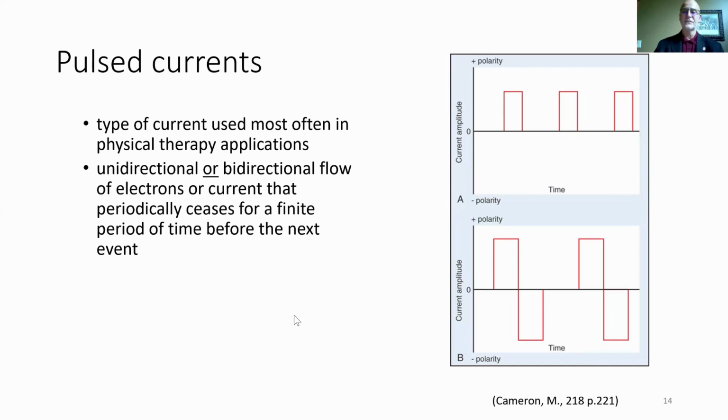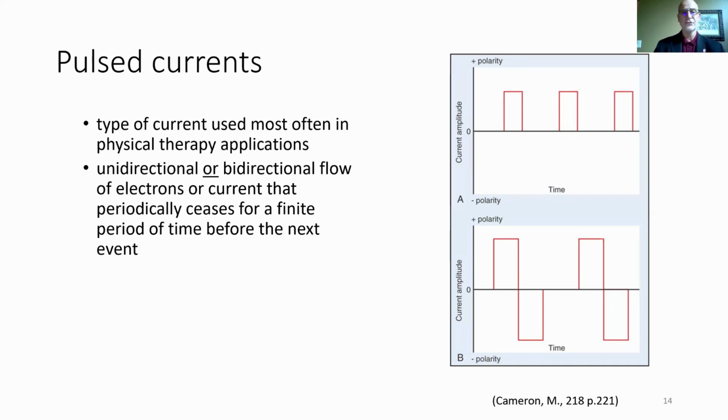And if it's monophasic, then one side of the circuit might be positive and the other side might be negative. And if you have a biphasic with that circuit, then you have usually a fairly balanced waveform. You don't truly have one pole being negative and one pole being positive. So terminology is important.